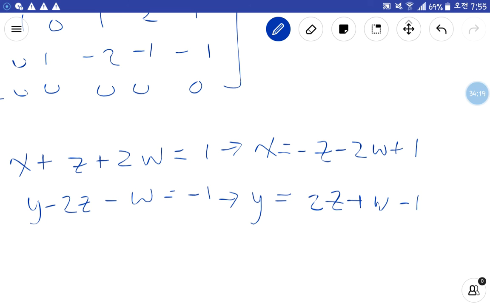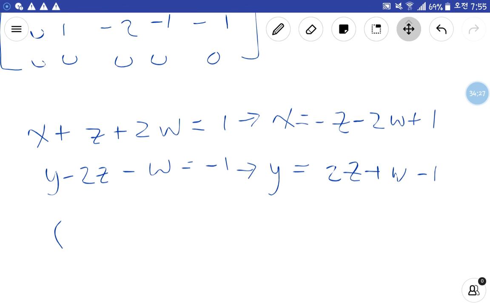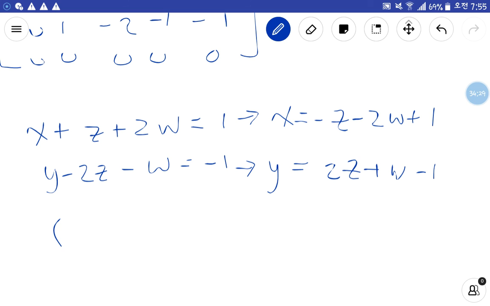So in your ordered four-tuple form, instead of x, what you need to put is negative z minus 2w plus 1. Instead of your y, 2z plus w minus 1.